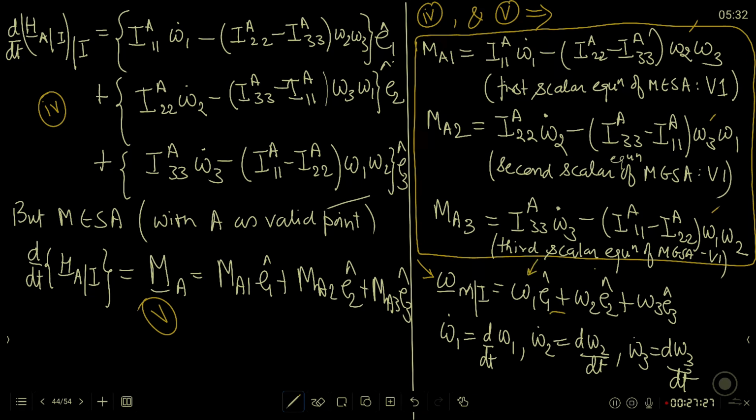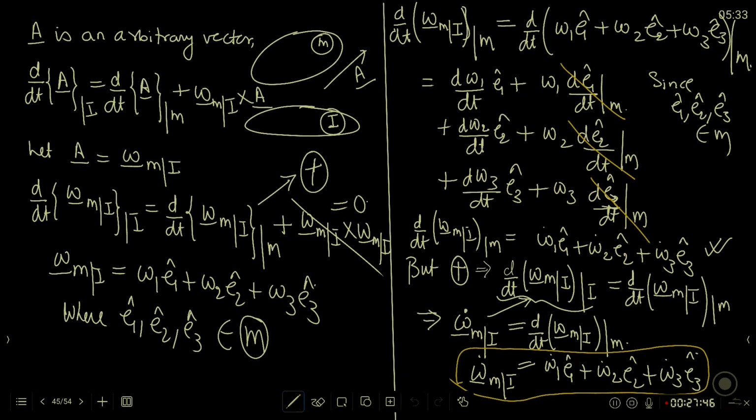That is taken care of. The next question is, what will be omega 1 dot, omega 2 dot and omega 3 dot? The answer to that is, you find omega dot mi vector, express that using the working coordinate system. The scalar components appearing therein will be the quantities omega 1 dot, omega 2 dot and omega 3 dot.